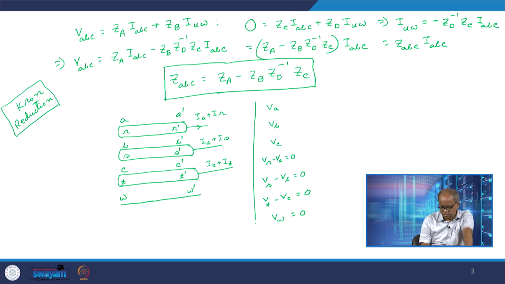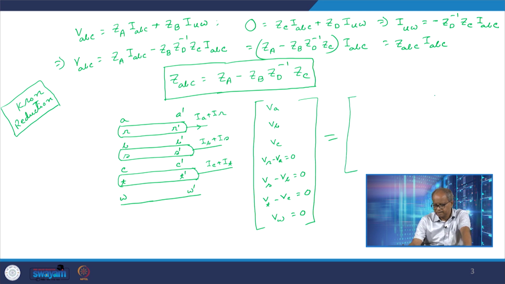So this is a 7 cross 1 vector, and this would be a 7 cross 7 matrix, and then the currents would be here IA dash, IB dash, IC dash, and then IR, IS, IT and IW.